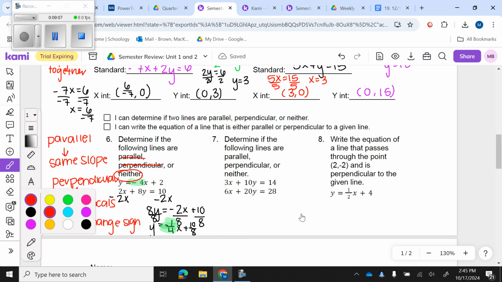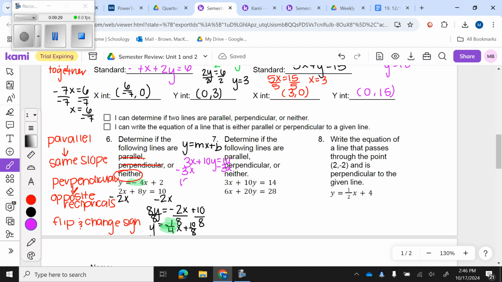All right, number 7. Neither one of these is in slope-intercept form, so I have to get both of these y's by themselves so I can look at their slopes. Over here, I'm going to have 3x plus 10y equals 14. I'm going to subtract 3x from both sides to get this y by itself.